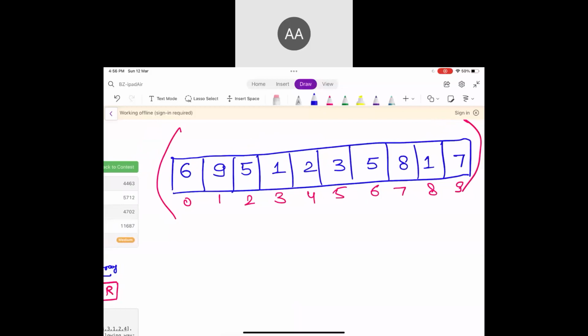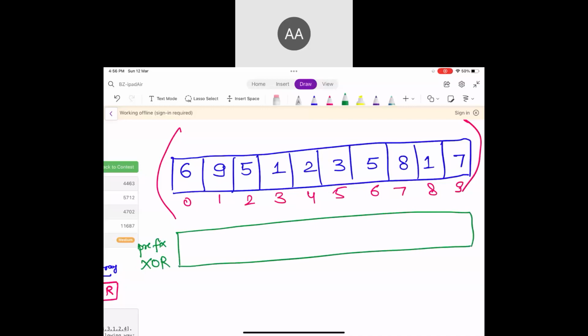So can everyone write the prefix XOR array? If the original array is given to you, you need to construct a prefix XOR array. This is A, this is P. Can you fill this in your notebook and let me know once you are done?